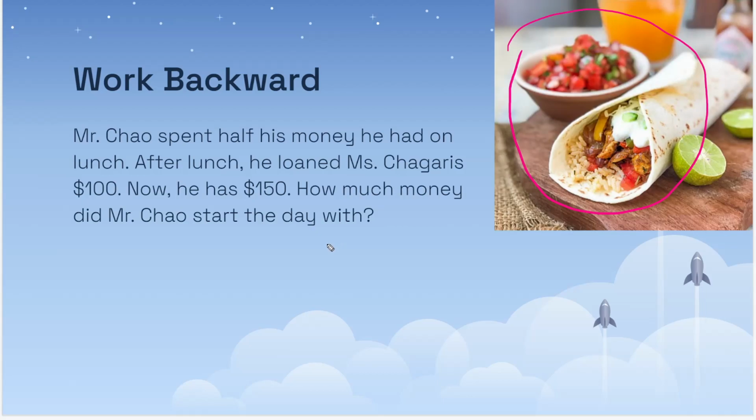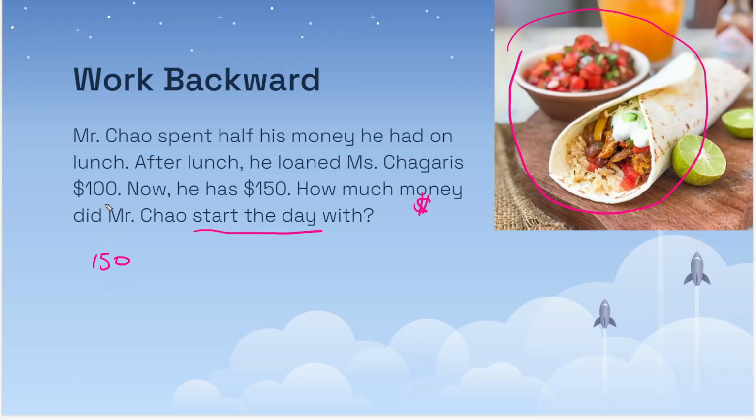Well, remember, work backwards is when you have the end result and you want to figure out some information about earlier in the situation. So earlier in the situation in this case is the start of the day. How much money? Well, we know that right now, at the end of the day, he has $150.